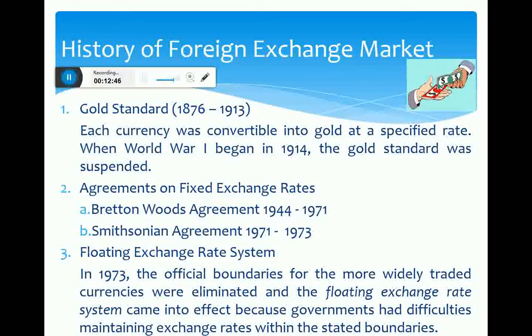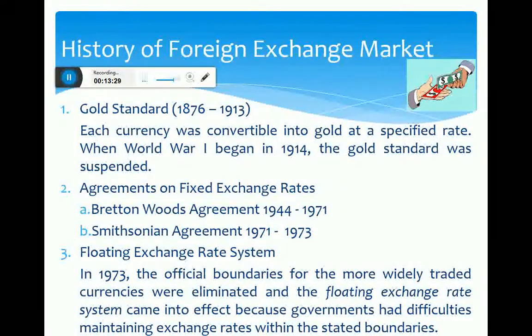So that's why in the floating exchange rate system, they eliminated the boundaries, and they made the dollar a worldwide currency, and it was difficult for the countries who were within the boundaries to have a fixed exchange rate against the dollar, because other countries were pegging their currencies to the dollar. So in order to remove this difficulty, they established the floating exchange rate system.